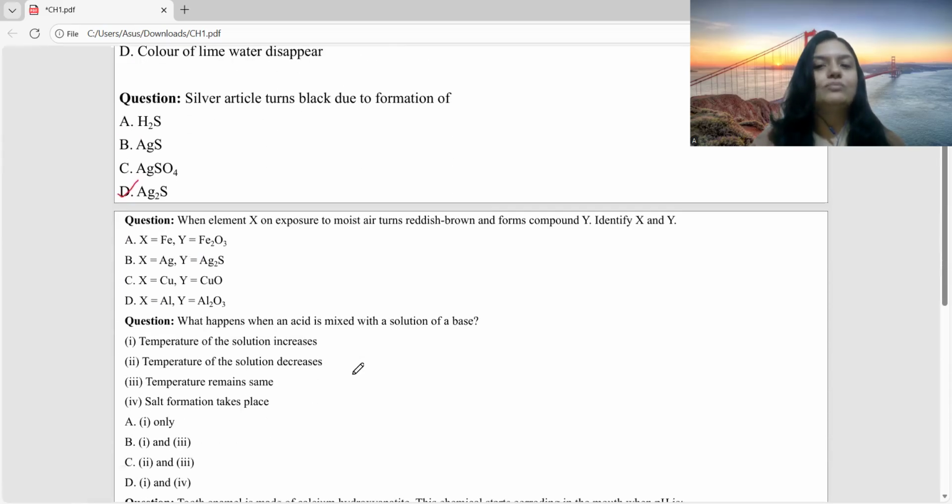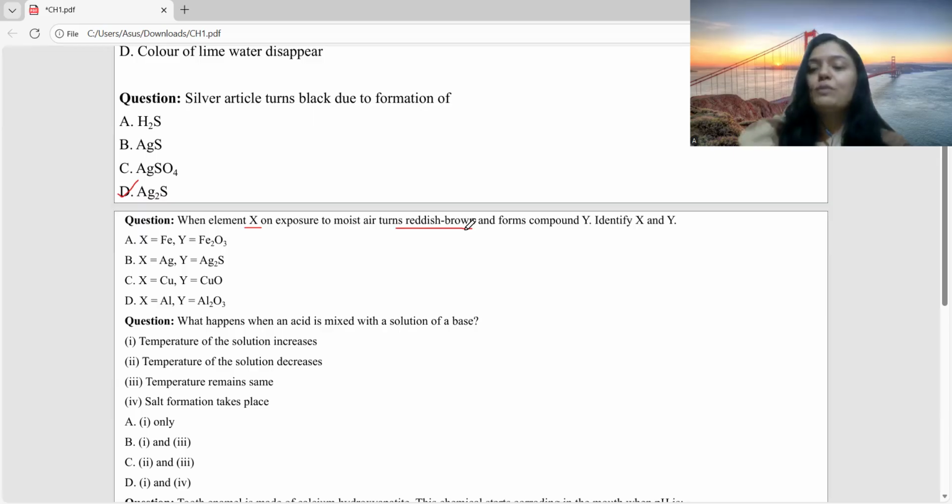Okay, the next question. When element X on exposure to moist air turns reddish brown and forms compound Y, identify X and Y. Now, X on exposure to moist air turns reddish brown. So reddish brown means X will be iron, and reddish brown means that is the formation of rust.